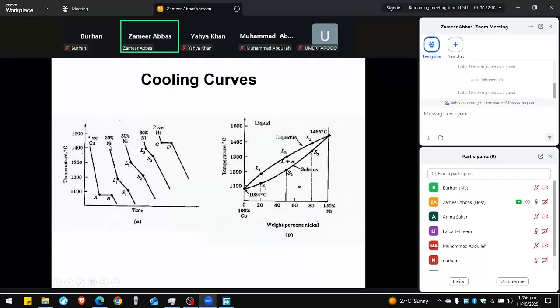The temperature is decreasing at a faster rate than within this liquid plus solid region, where there is a change in slope and the cooling becomes slower. As we move towards the nickel, this is the range for the alloys for cooling when the two phases exist.